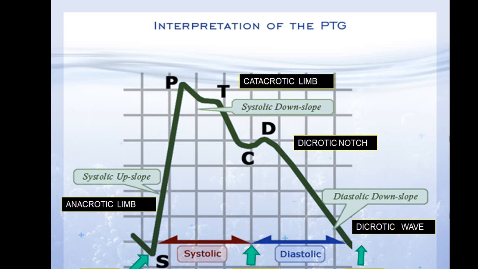So from the first heart sound till the second heart sound is systole, and from the second heart sound till the first heart sound is diastole. Diastole is always longer than systole. So this is what we get on recording an arterial pulse, and the best recording you can get is over the carotid artery.